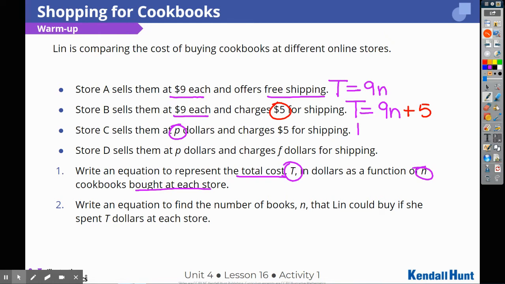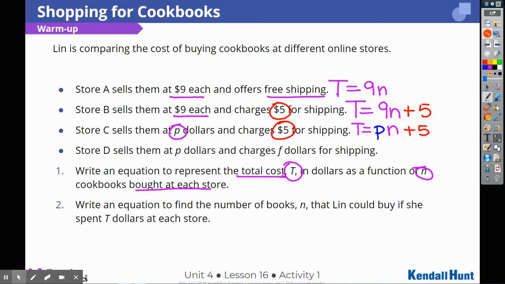So it's now T equals P times the number of cookbooks, and then they are still charging that $5 for shipping. Okay, so now we've just switched out that $9 for any amount of money using the variable P.